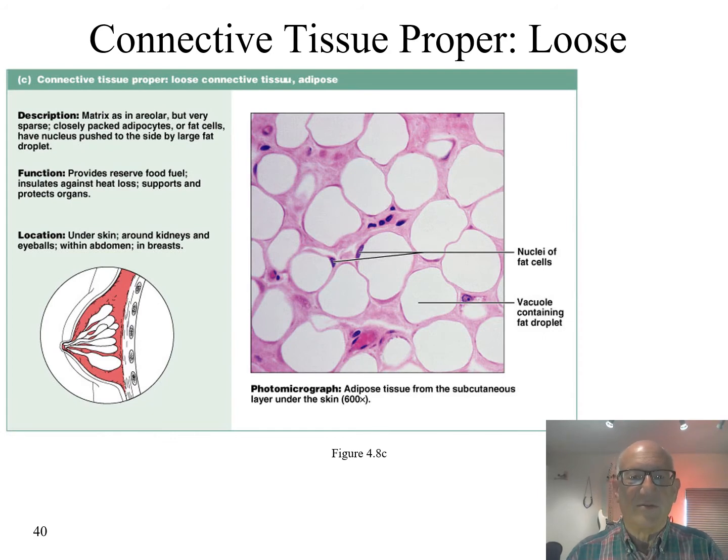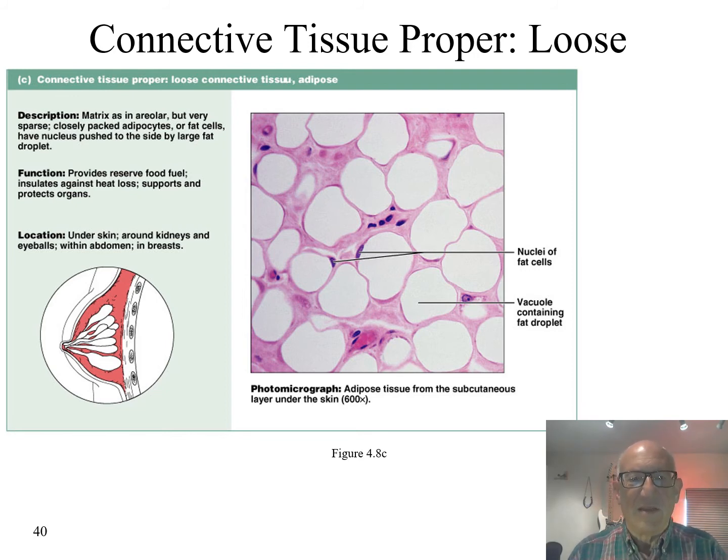This is a kind of picture that you probably will never see of adipose tissue, but you might see it on the lab test. This is a very clear view of the cells, and we see a lot of space in the cells because that is where the fat is stored. The oil is stored in there.